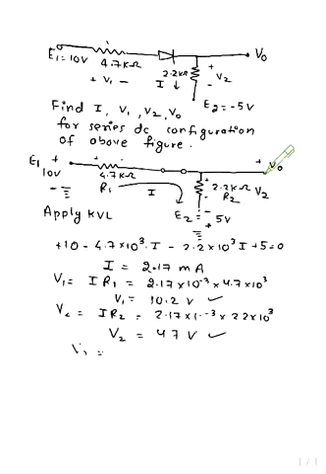So VO is V2 minus E2, that is 4.7 minus 5, so VO is equal to minus 0.2 volt. So this is the answer of this question.